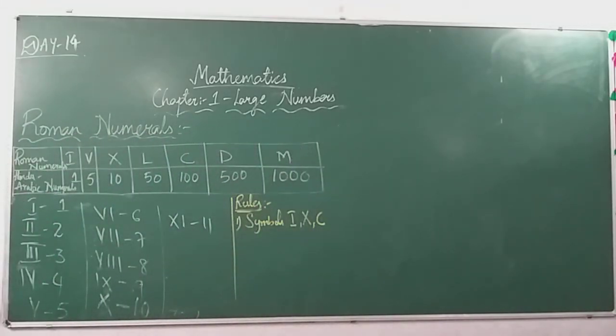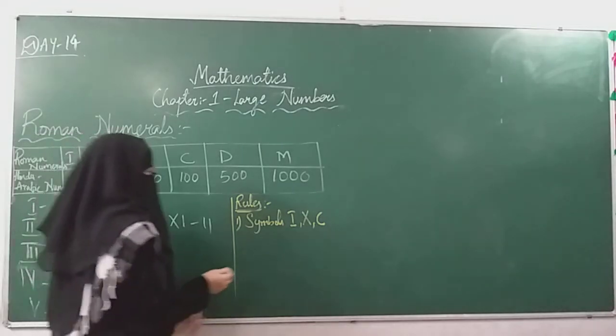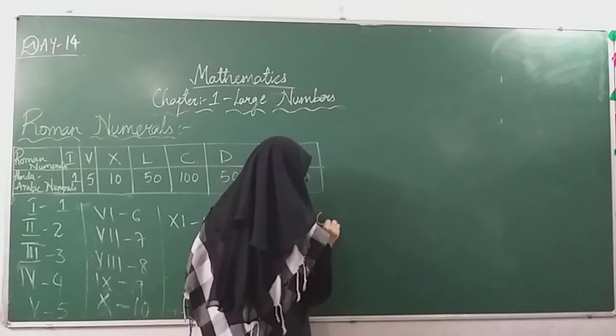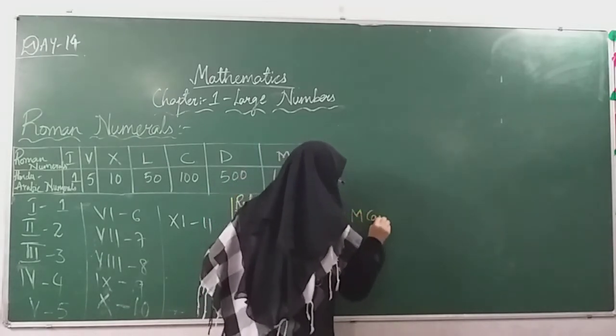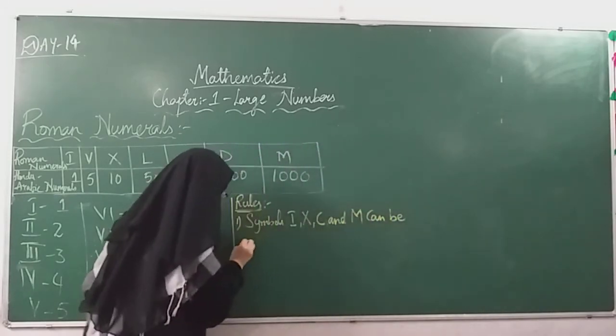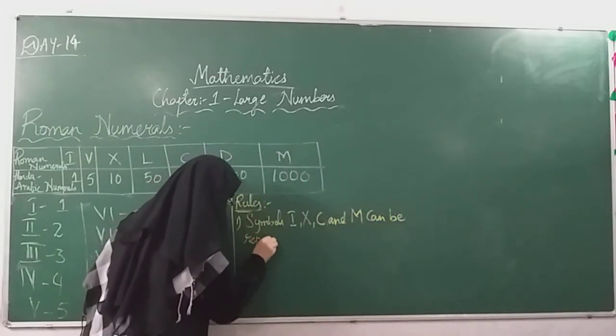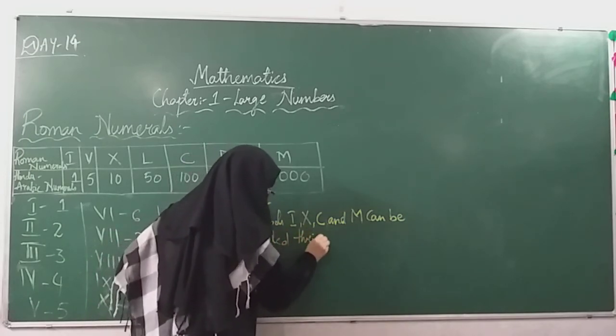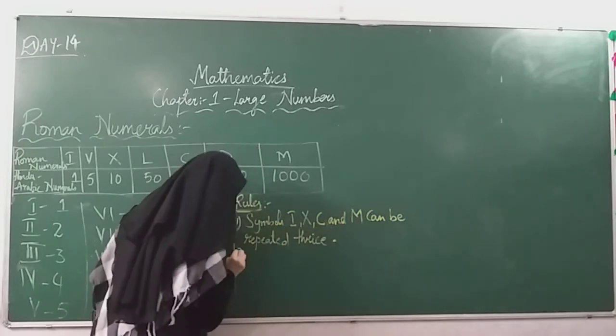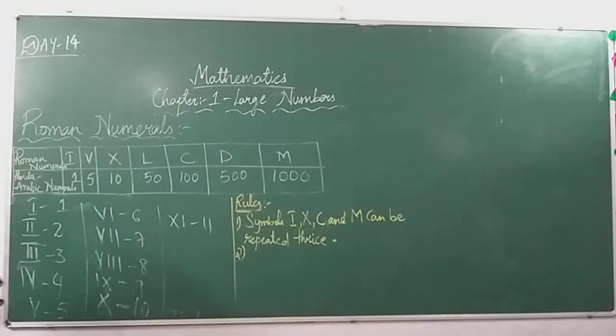I, X, C, M. More than 3 times we should not repeat. C and M can be repeated thrice. That means only 3 times. Okay. What is our next rule?